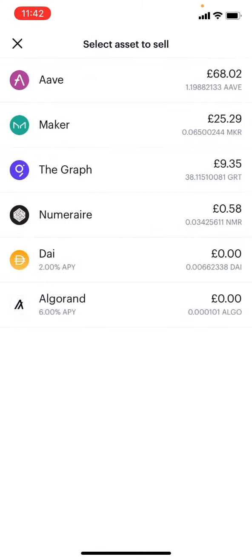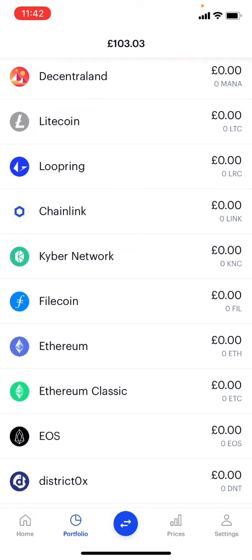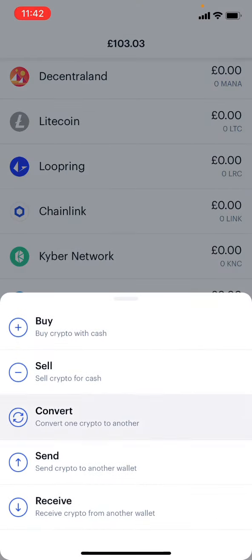Now go to convert. Click here, same place, convert.